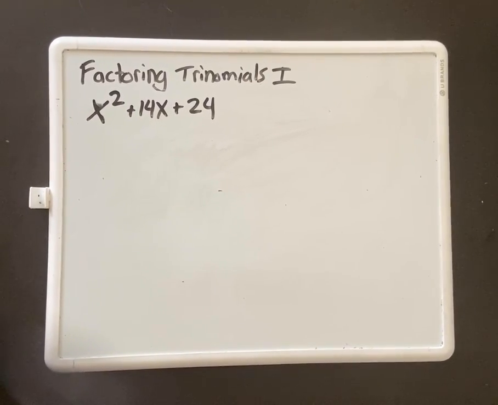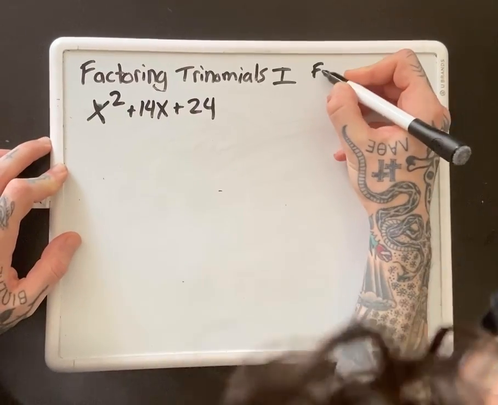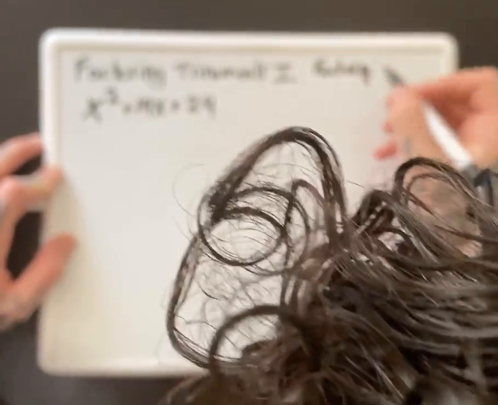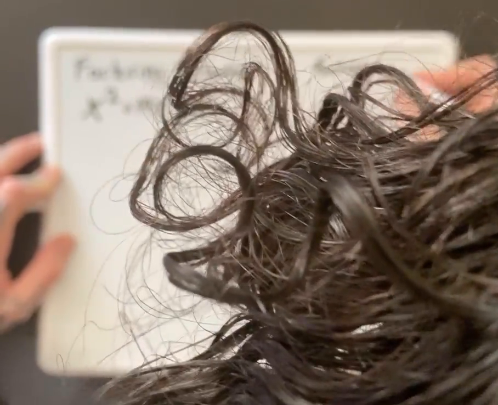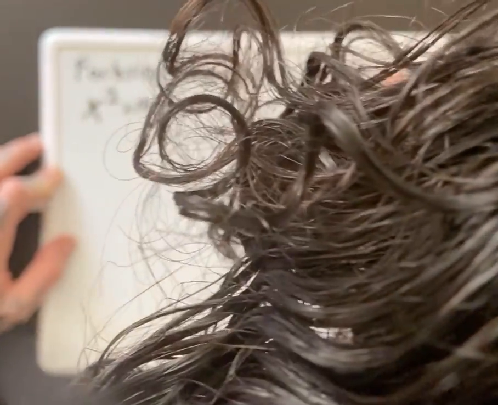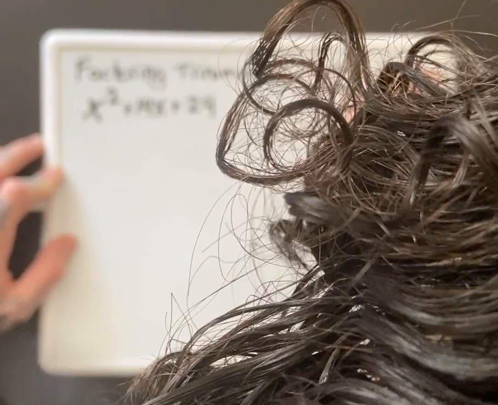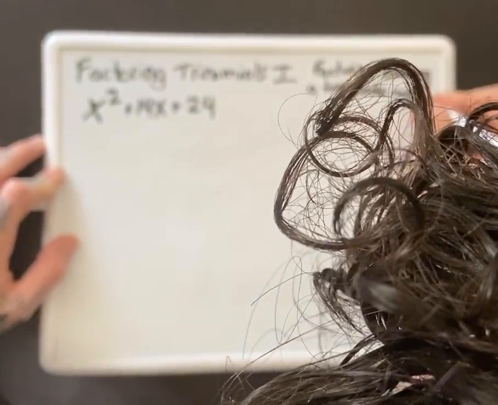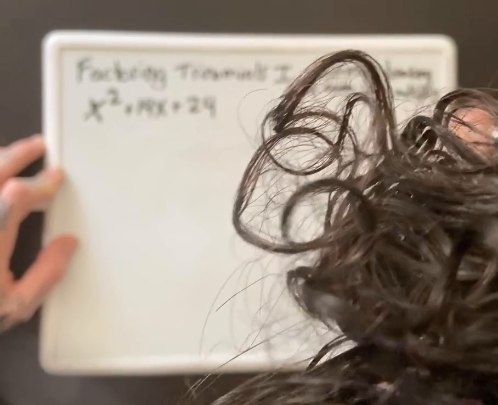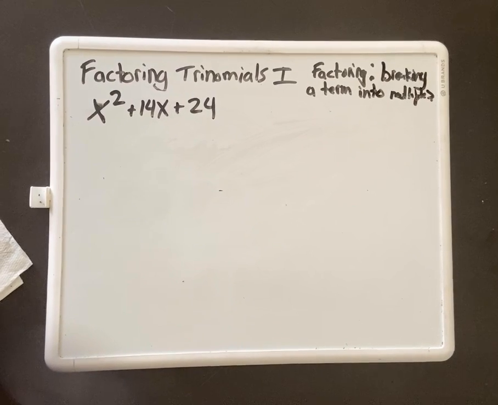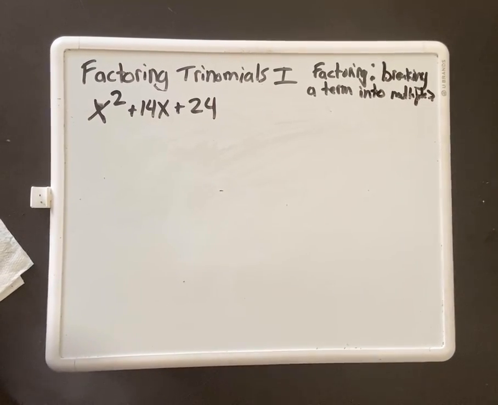And if we remember our definition of factoring: breaking a term into multiples. A multiple is another term being multiplied together, multiplication.